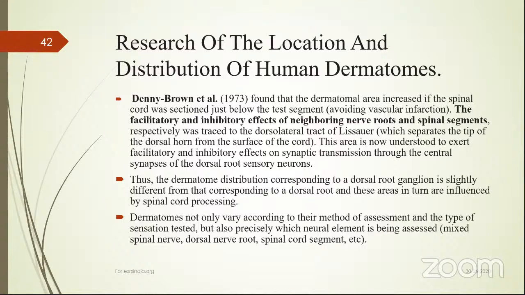It's because of this facilitated inhibitory effect that you get a change in the dermatome supply. So this research is very important. It shows that whatever we see may not be correct, because at the spinal level something else is going on. It is helping or inhibiting the sensations.